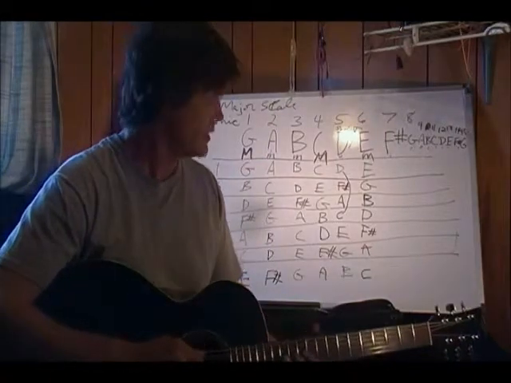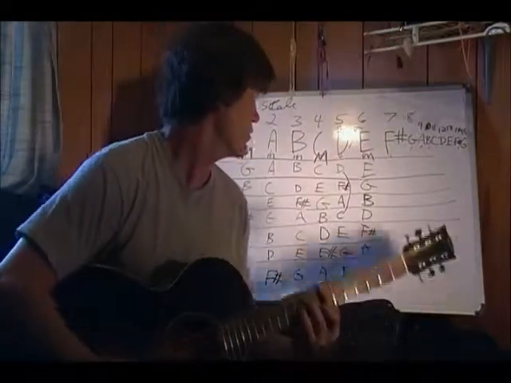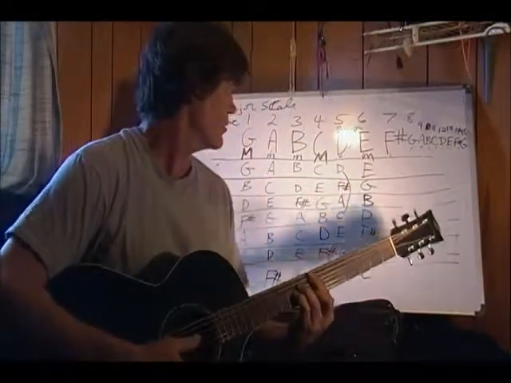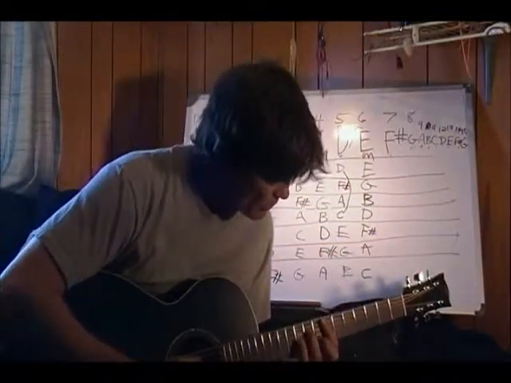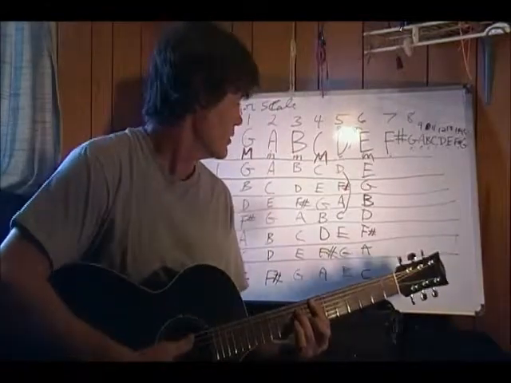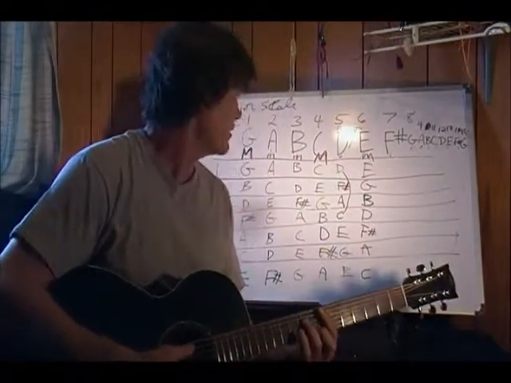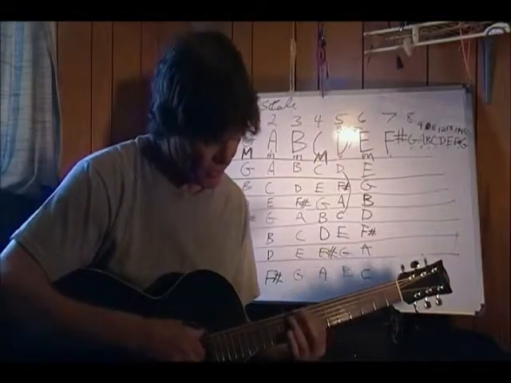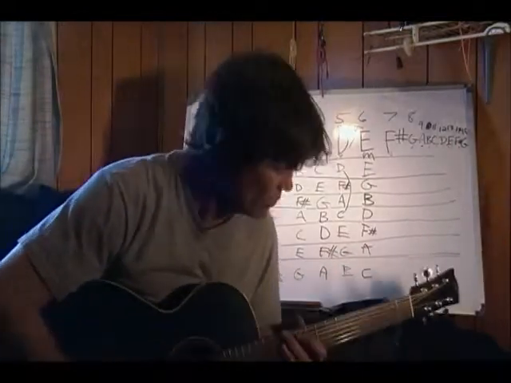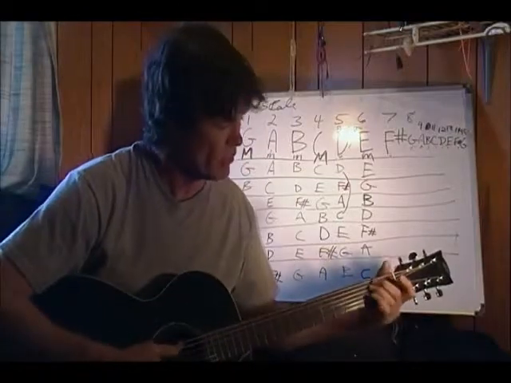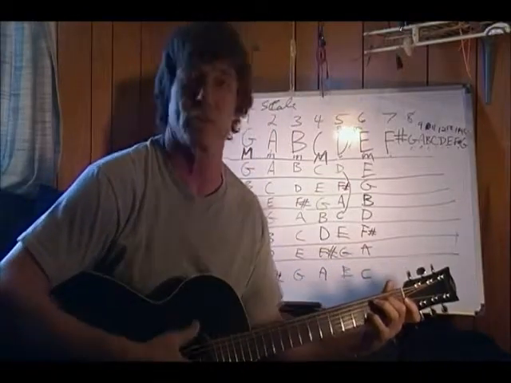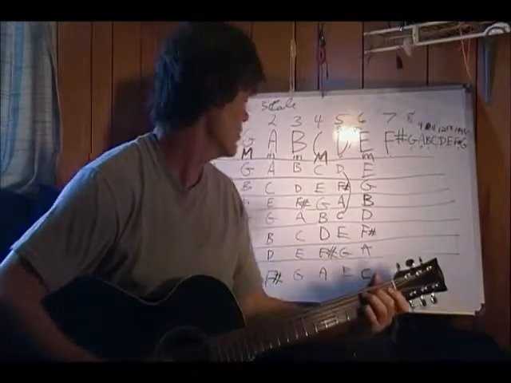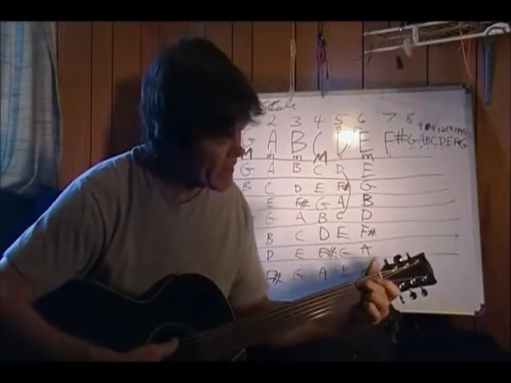So, E minor. We add the D note, and that's an E minor 7. Let's add an F sharp.